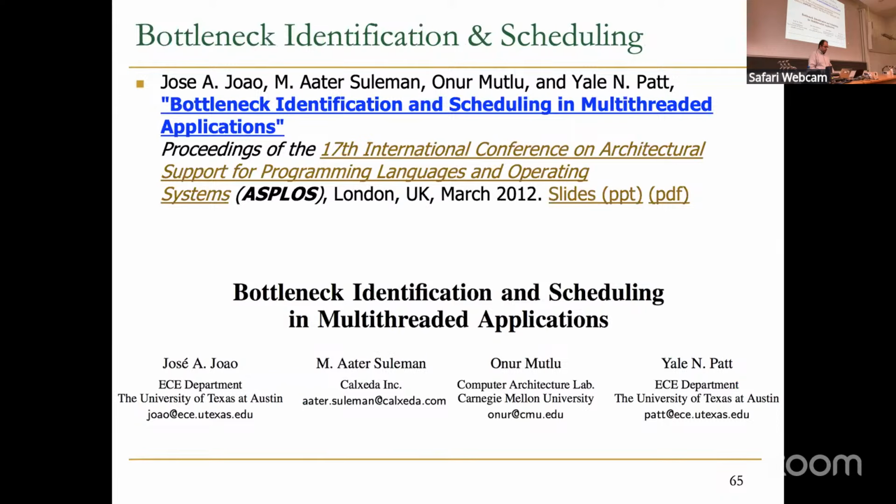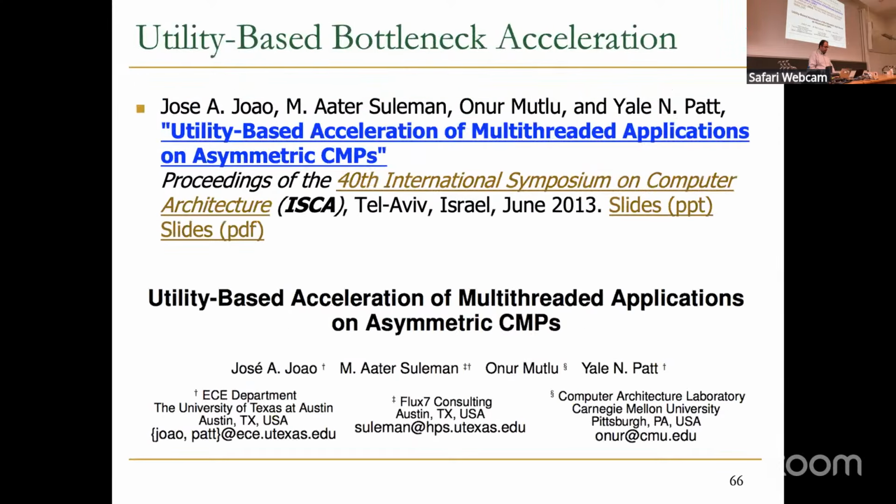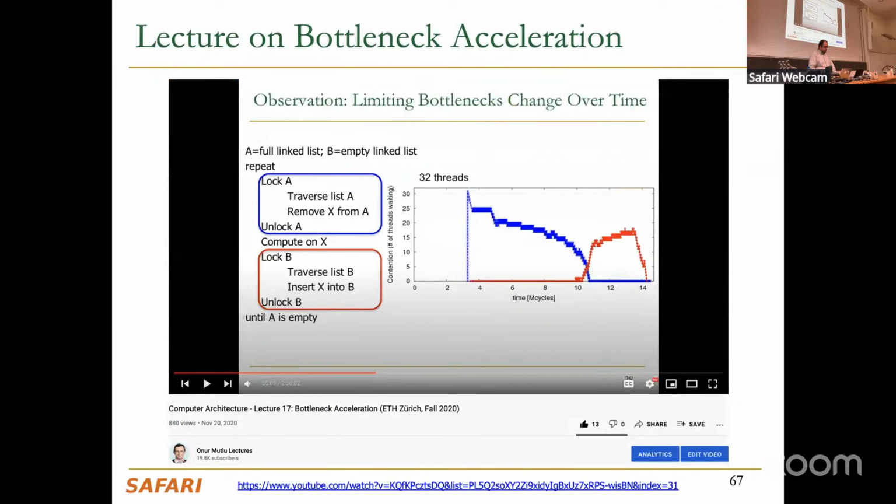In the line of bottleneck identification and scheduling, this is another work that I already briefly discussed. You can also extend it to utility-based acceleration of multi-threaded applications. So we're going to discuss all these papers later in the course, I think maybe in the next 4 or 5 lectures.